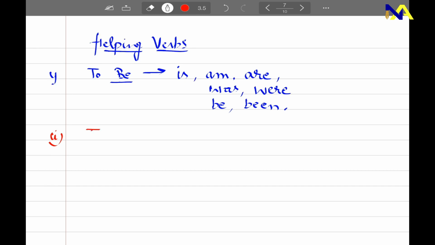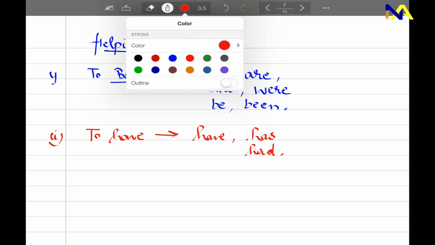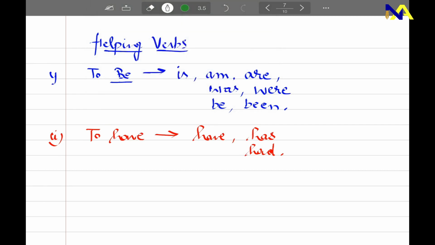In a similar manner you can see that to have is precisely for perfect tense, to show any action that has been completed. We have got three: have, has for the present tense, and had for the past tense. Now here we talk about the third one. Here we say to do.